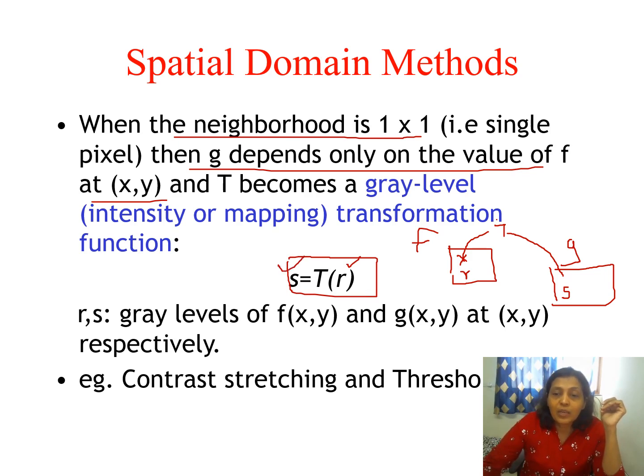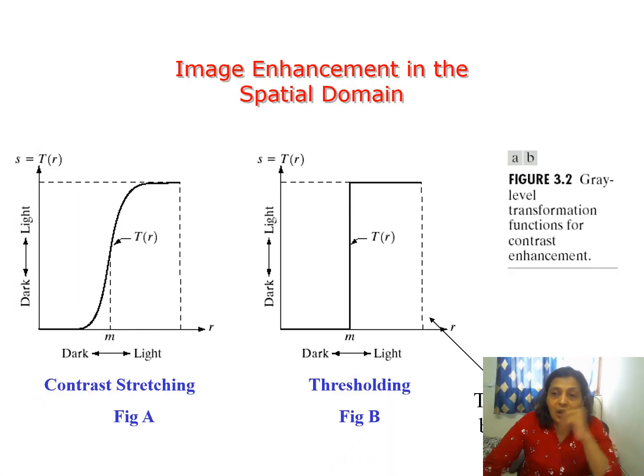Okay, so examples of this are contrast stretching, thresholding, negation, and many others that we will see one by one. Here you can see a transformation function, R versus S. So what is R? Input gray level versus output gray level.